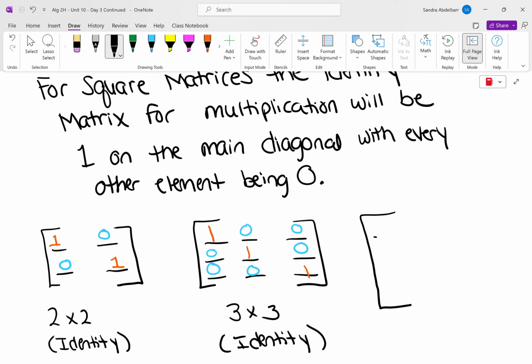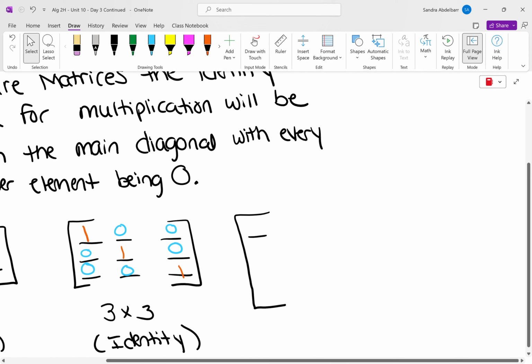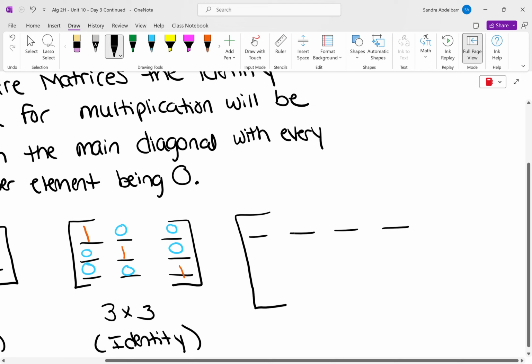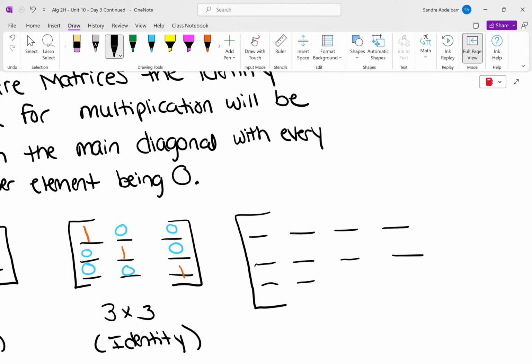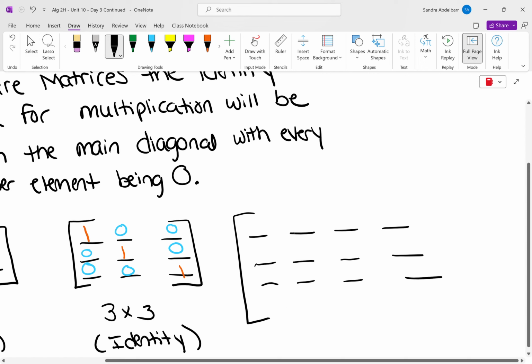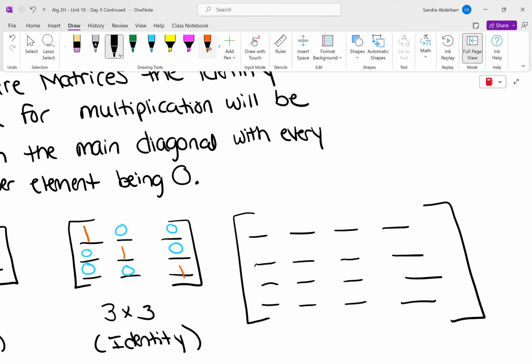Talk about a 4 by 4. All right, main diagonal starts upper left, and you go down that diagonal filling in 1s. Everything else will be a 0.